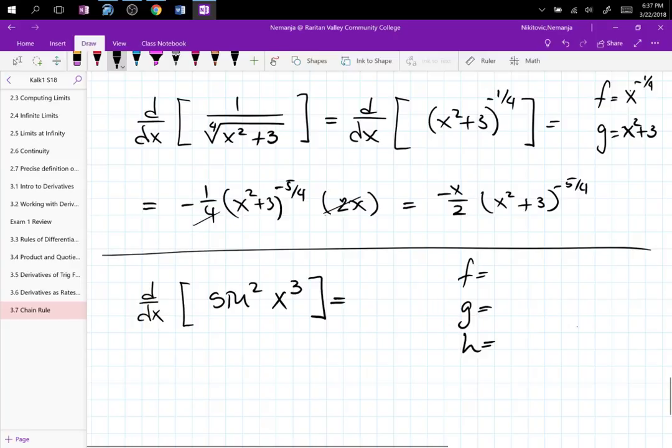No coffee. Very good. The first one, the outer one, is x squared. What's the one inside? Sine x. And what's the one most inside? x cubed. All right, so now this is the skill.